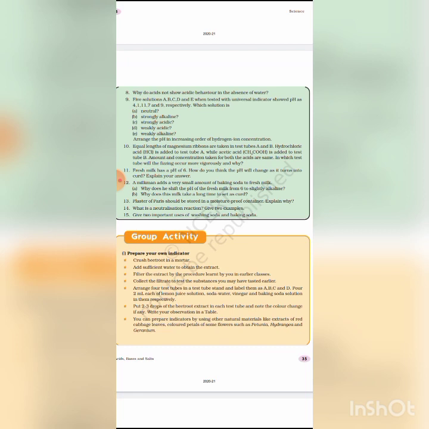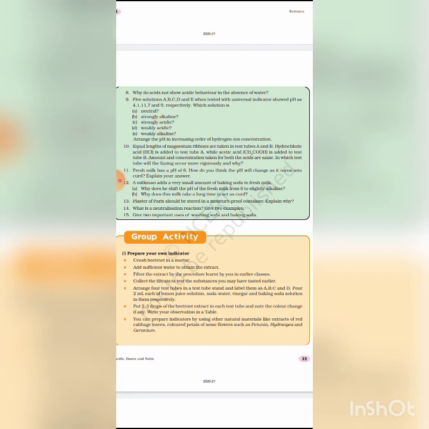Okay. Now question number 12. A milkman adds a very small amount of baking soda to fresh milk. Why does he shift the pH of the fresh milk from 6 to slightly alkaline? And why does this milk take a long time to set as curd?